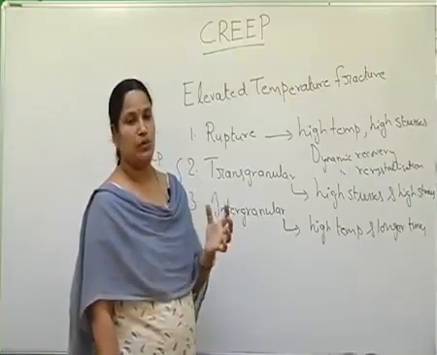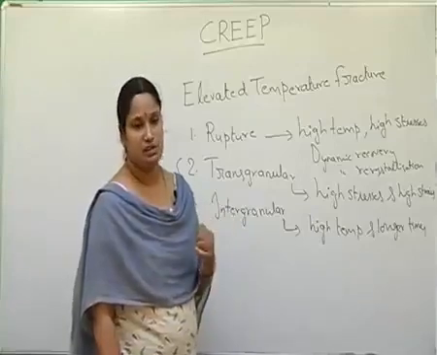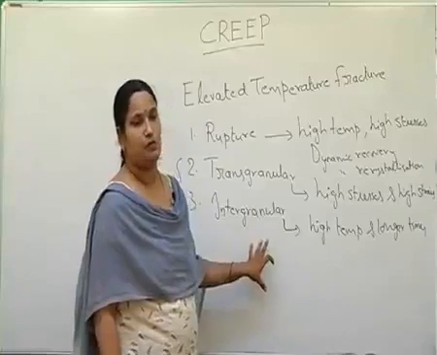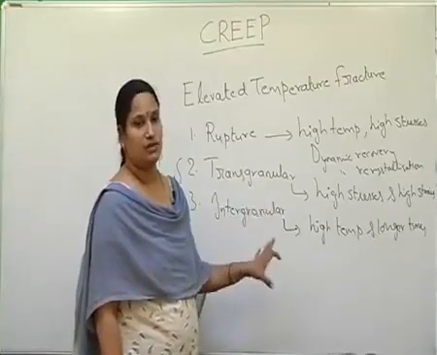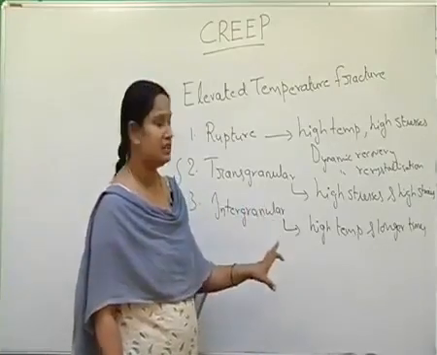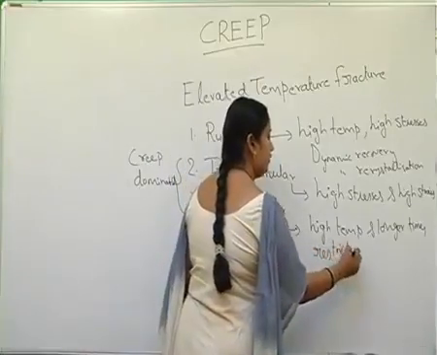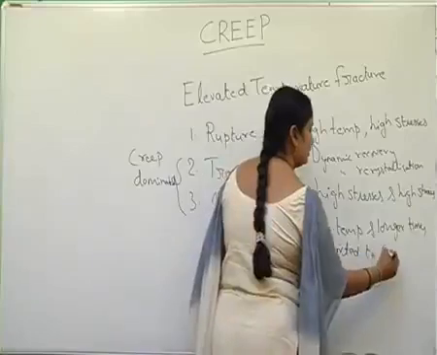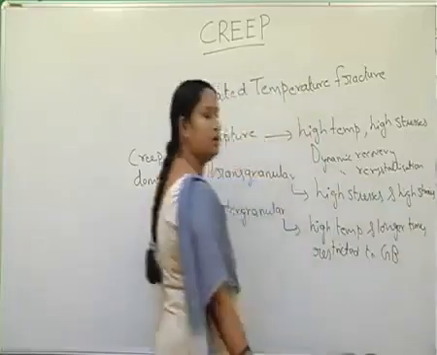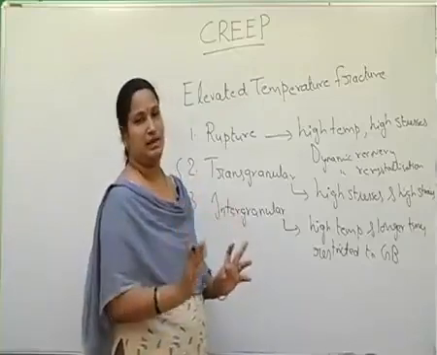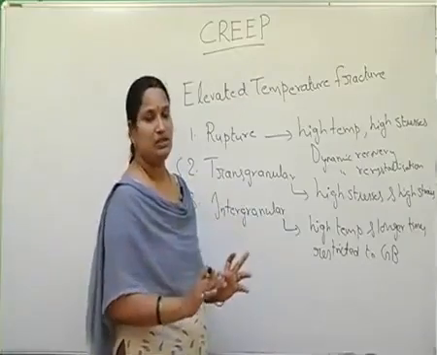These voids grow, coalesce, and finally lead to fracture. But the nucleation and growth of voids are restricted to grain boundaries, whereas in the case of transgranular, it is not restricted to the grain boundary. It occurs within the grains.